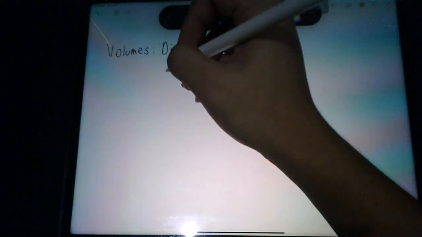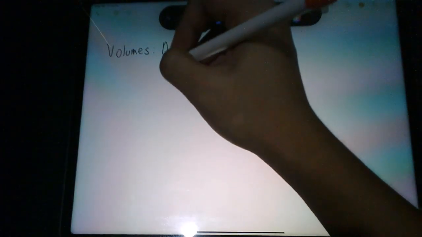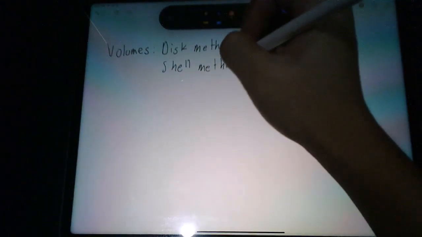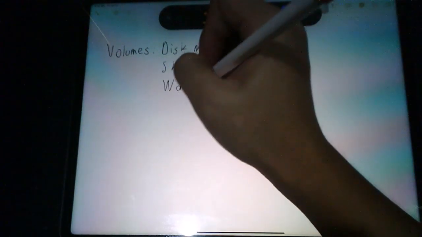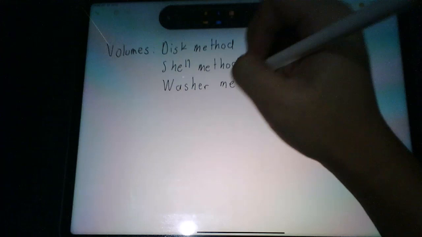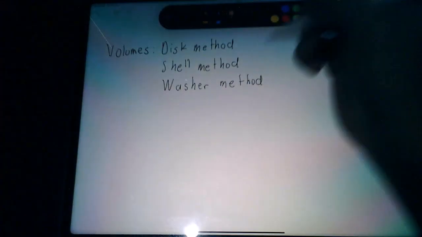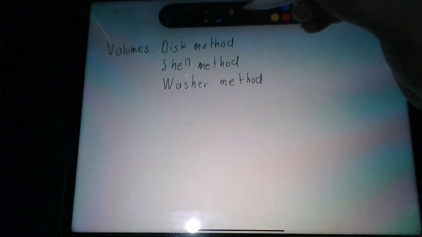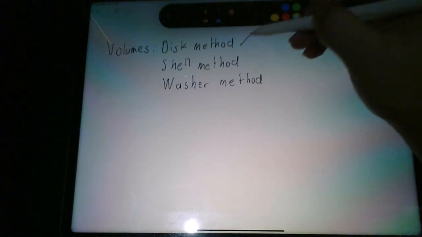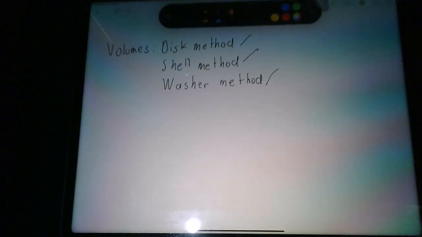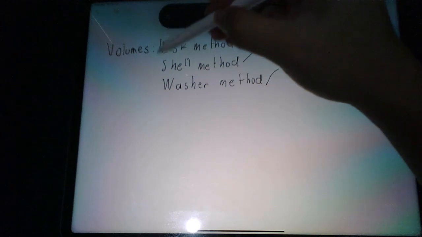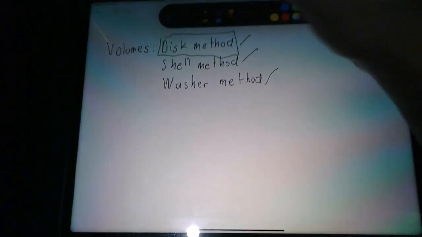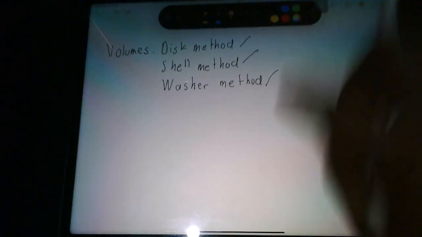Second is the shell method, and the third is the washer method. For today's lecture, we are going to tackle these three methods. But first, we are going to learn what the disk method is. So let's start.